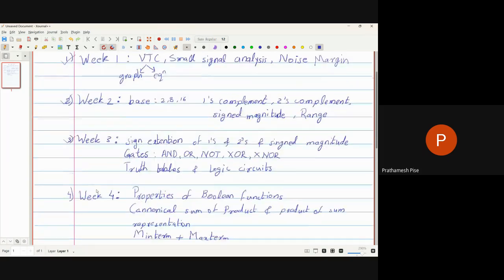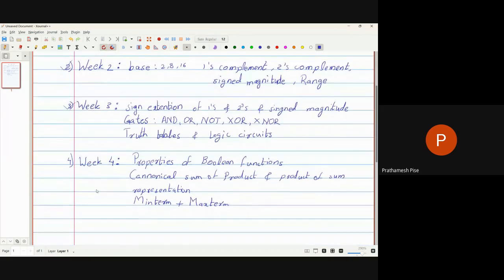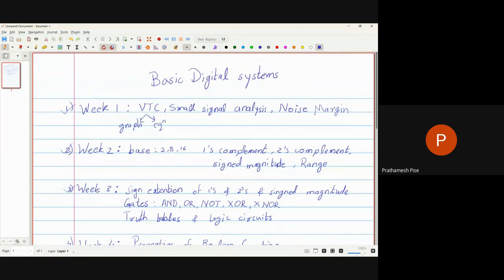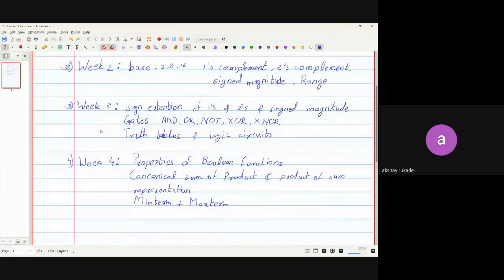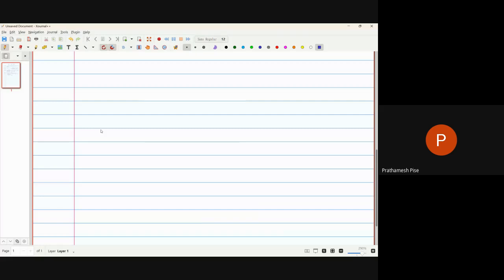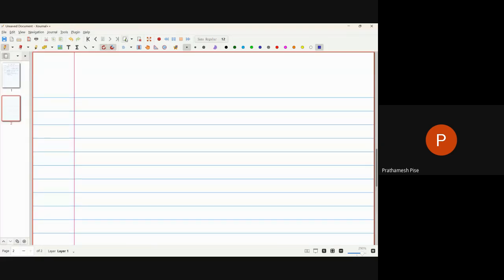I'll try to cover week 4 as well, but my main focus will be the first 3 weeks. Is it okay with everyone? Yep. Okay, so we'll start with week 1.